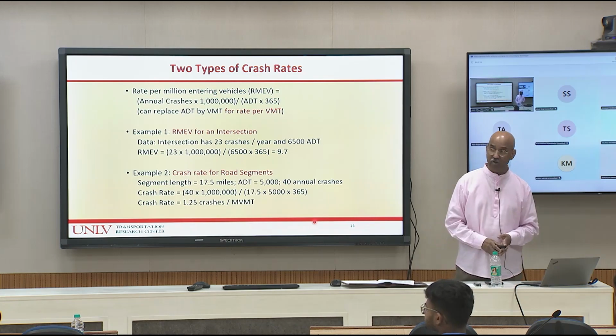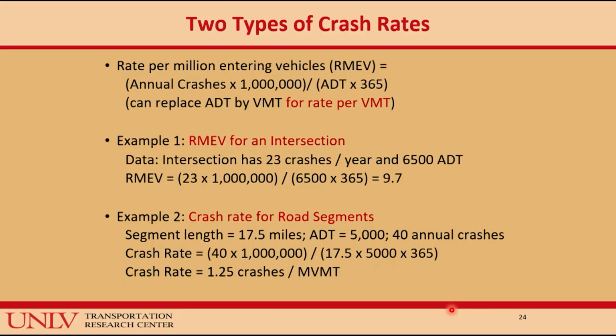Now if you are looking at roadway segments, corridors, long stretches of highways, it's not the number of entering vehicles. What is the total distance traveled by all vehicles combined? That is VMT, vehicle miles of travel. Typically we get VMT as follows, just follow my hands, folks.